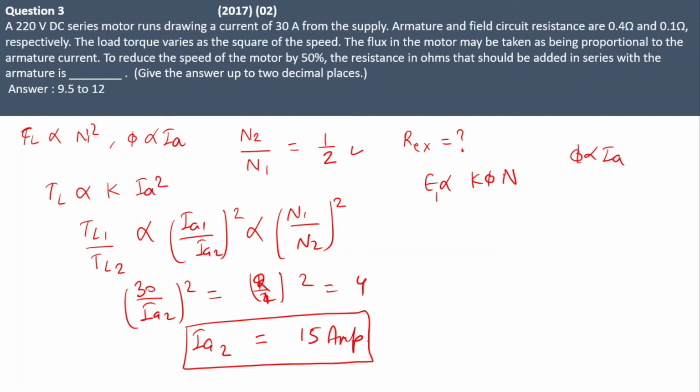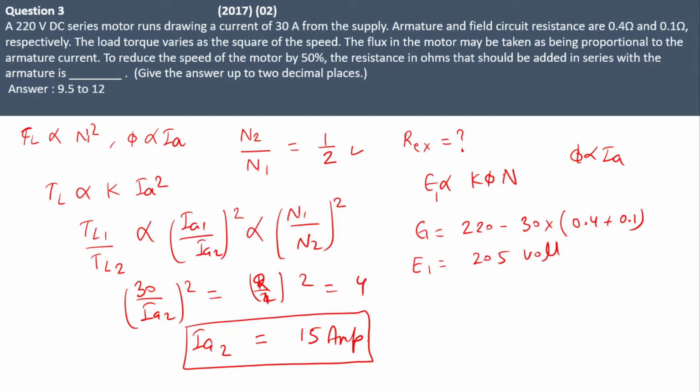So first you have to find out E1. E1 will be V minus IARA, 220 minus 30 into total resistance 0.4 plus 0.1, because it is a DC series motor. So E1 will be 205 volt.